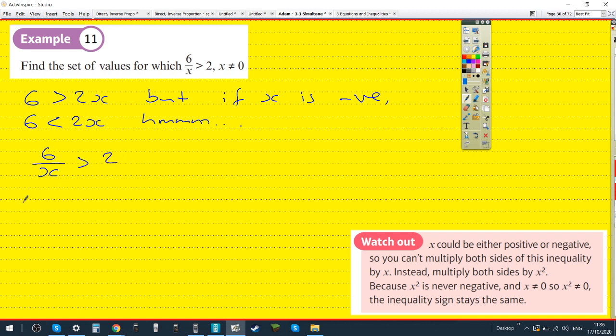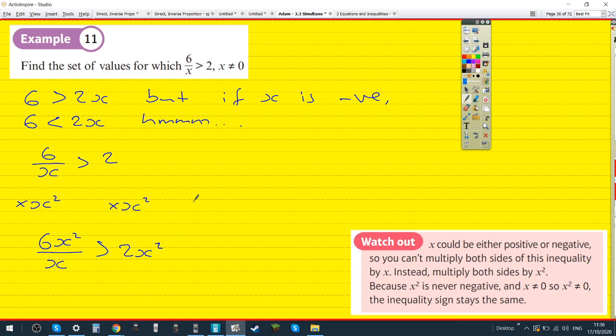So try multiplying both sides by x squared. So it'd be 6x squared over x is greater than 2x squared.